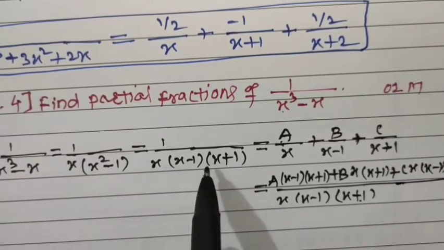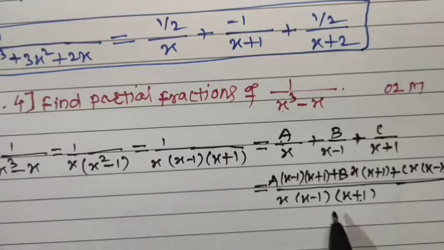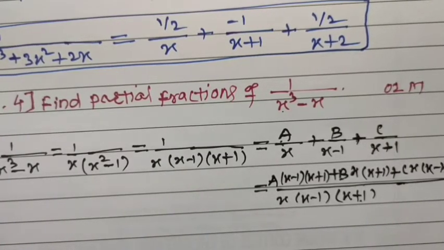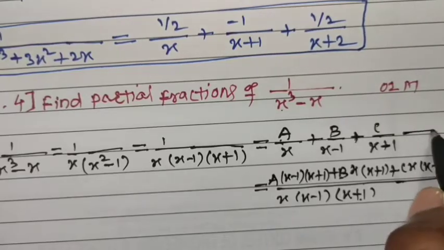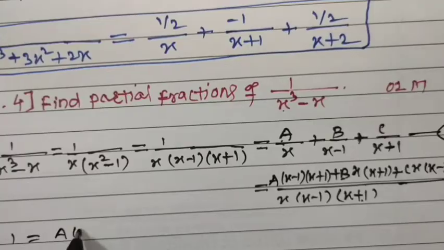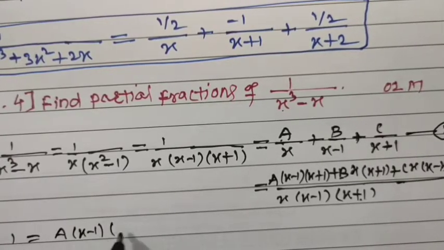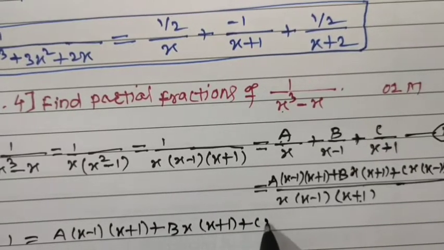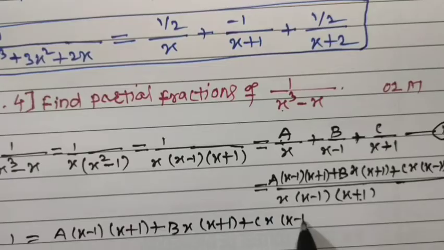The denominators of left hand side and right hand side are both the same, hence we can equate numerators. So we can write, suppose this is equation number 1: 1 is equal to a into x minus 1 into x plus 1 plus b into x plus 1 plus c into x minus 1, and consider this as equation number 2.